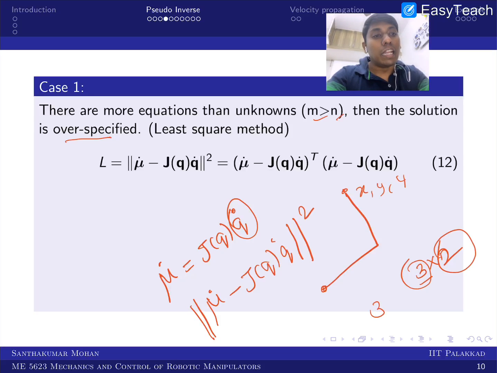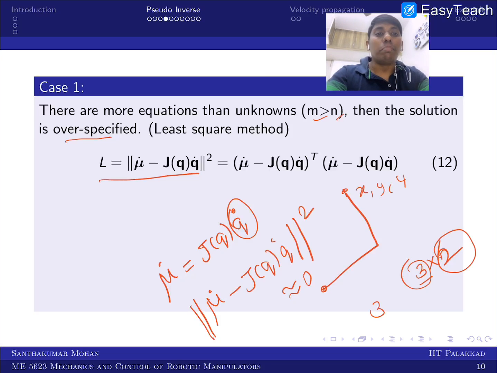If this length is very close to 0, or if it is 0, then there is an exact solution. If it is very close to 0, I am happy. So I take an objective function L, the second norm, in the sense the 2 norm.